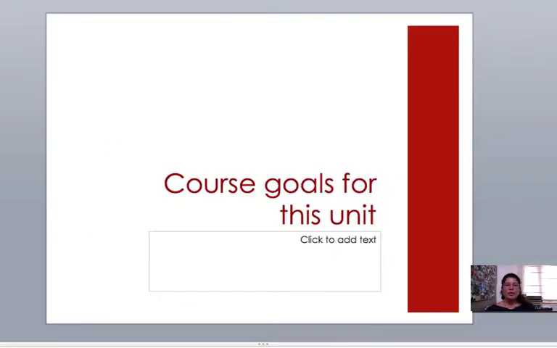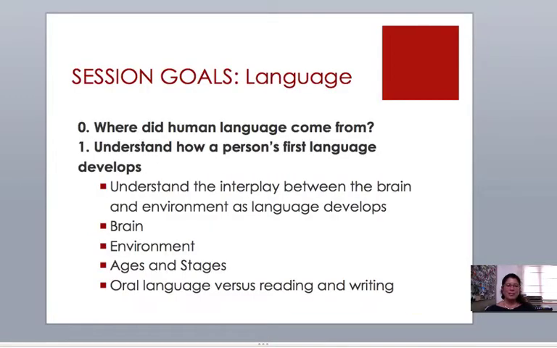To start, what are the goals of this unit? Basically, we have 4 key goals. One is to understand where human language came from in an evolutionary sense, and then to understand how a person's first language develops, where that comes from.